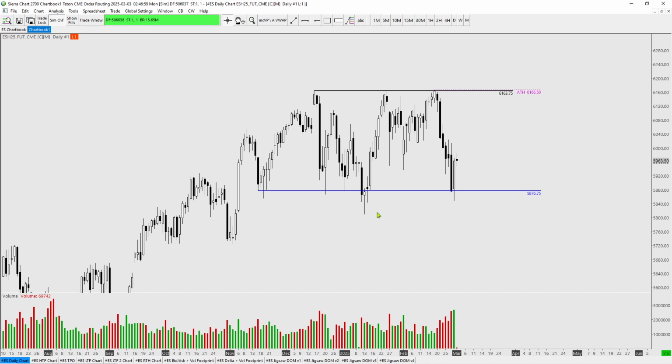When this happens, a failed breakdown at a range extreme, so our range high or range low would be a range extreme, this means that there's a participant in here that is extremely stuck, like a breakout participant, someone who saw this level break and said, okay, now we can finally go short.